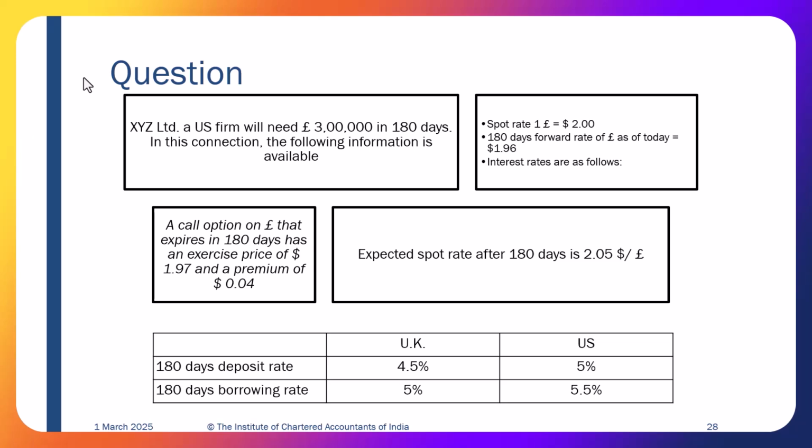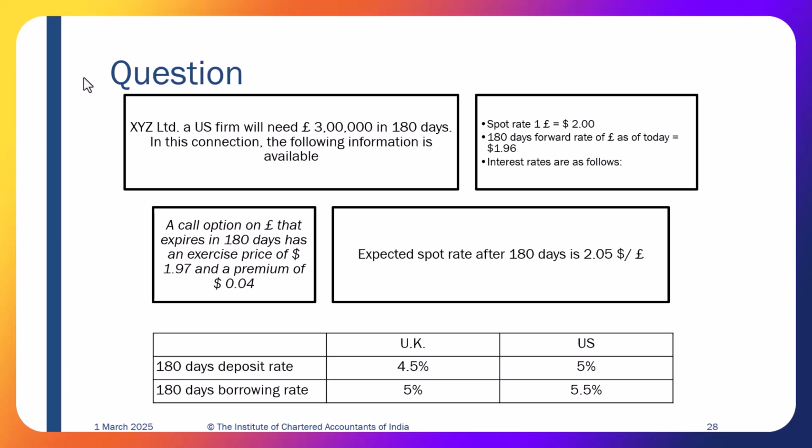Now in the question the rate is not given, it is an expected rate. You are assuming that the rate has gone up. But if you understand well, you can say even if the rate goes down, then in that case he is not going to exercise his call. He is going to lose the premium. Then you have to assume another rate, that suppose 1 pound is equal to say 1.90 or say 1.80 dollar.